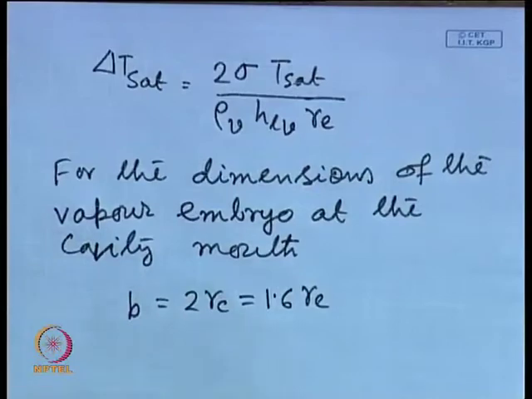So, if I use this relationship and the previous relationship of delta T sat also, we can make further simplification.